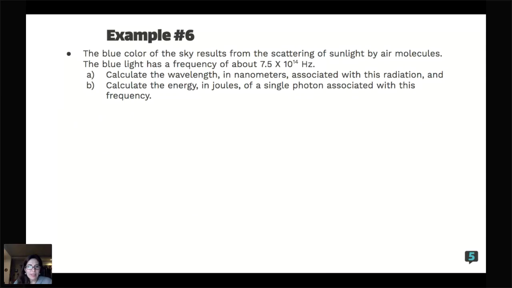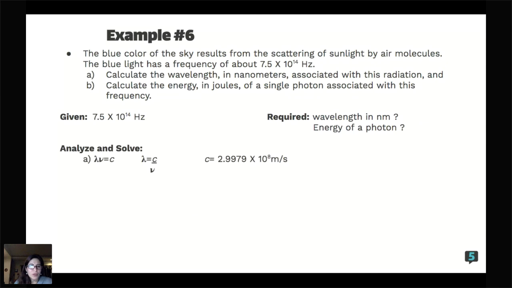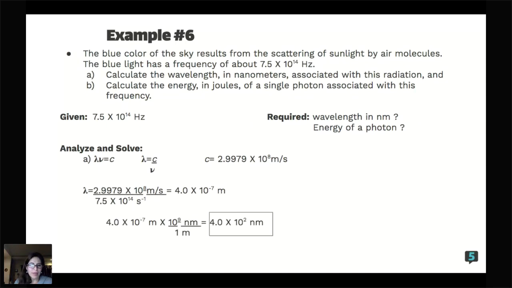So the first thing that we're going to do is, well, organize our data, of course. And then we are going to use the formula of wavelength equals the speed of light divided by frequency. We're going to substitute the values, and we have the wavelength in meters. Then we need to change to nanometers with the factor of 10 to the power of 9.